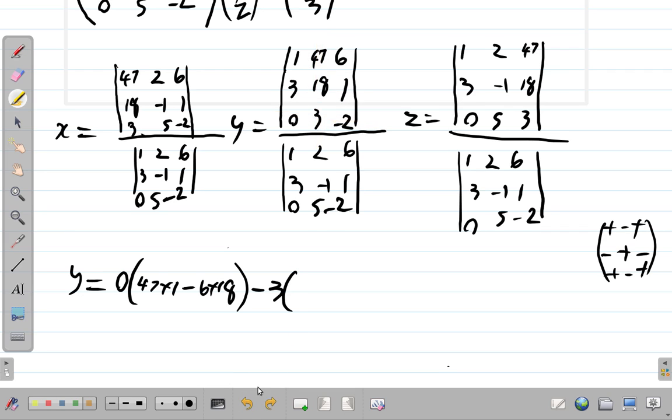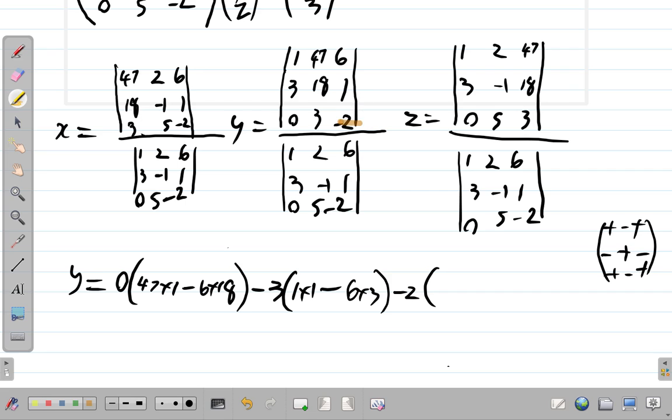So what we'll have as the determinant here is 1 times 1 minus 6 times 3. Alright. And here now, we have a negative 2. It's accompanied by a plus, so the sign will remain negative 2.